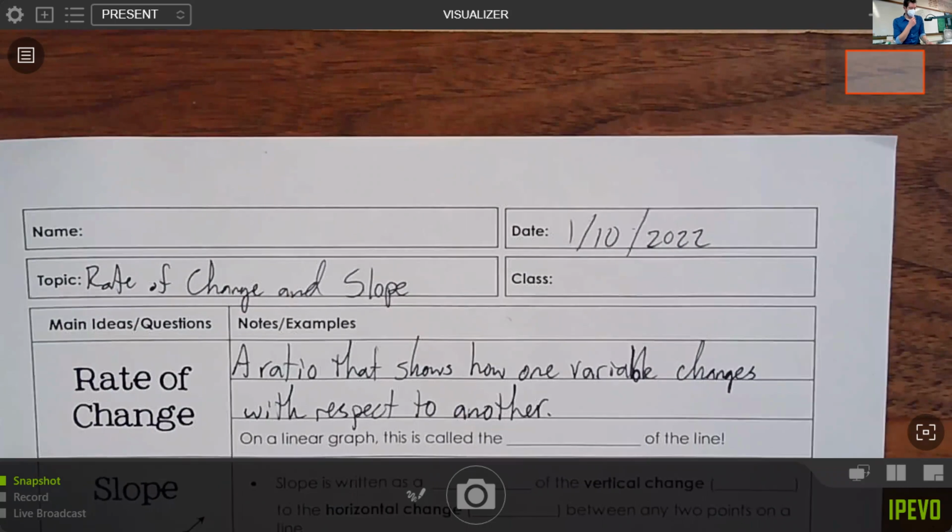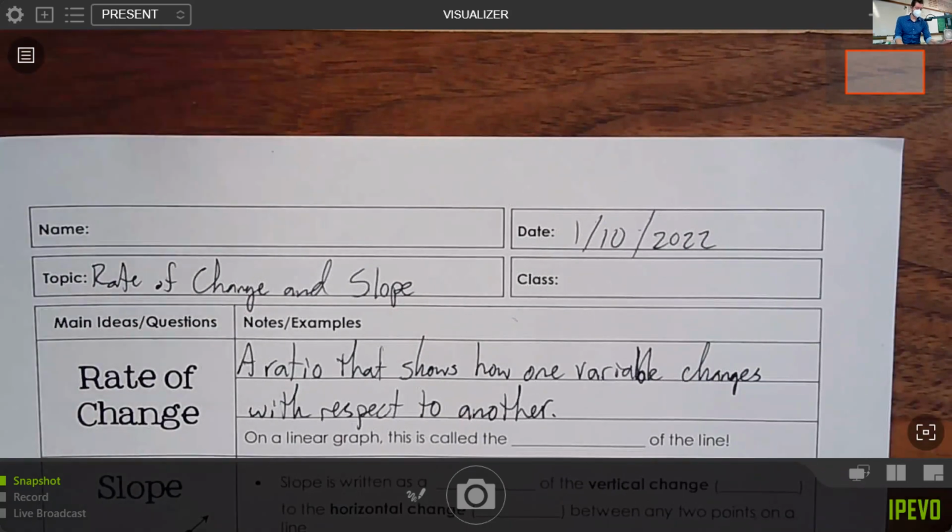So rate of change is a ratio that shows how one variable changes with respect to another. So get that written down.